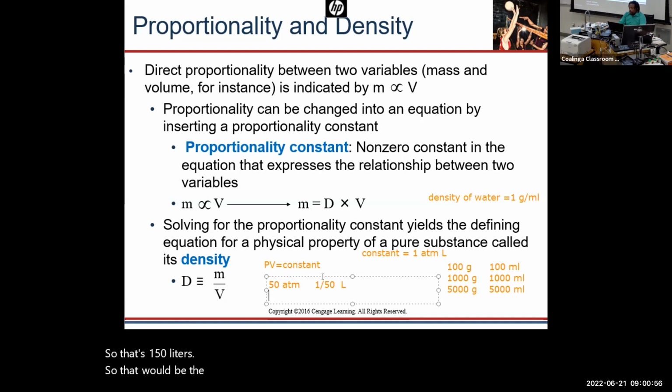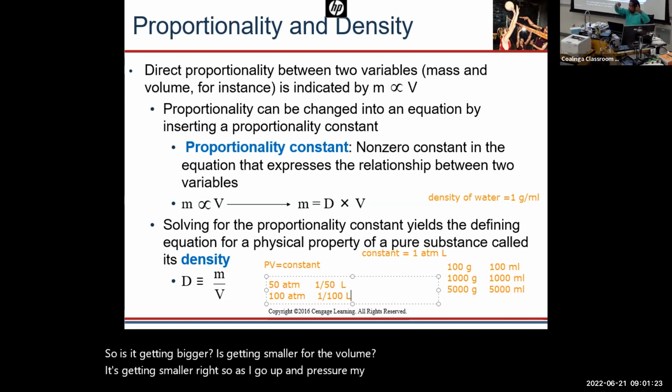Okay, so if the pressure is 100 ATM, then the volume has to be 1 over 100. So is that getting bigger or smaller for the volume? It's getting smaller, right? So as I go up in pressure, my volume goes down.